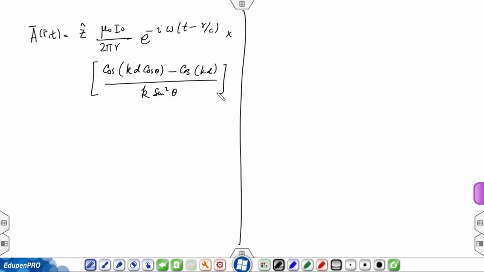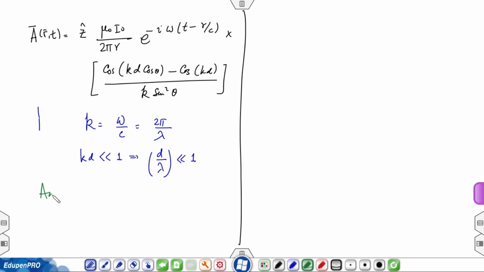If I take the limit of this antenna being very small compared to the wavelength. So, remember k is omega over c, which is 2 pi over lambda. So, if I take k d to be much smaller than 1, this means d over lambda to be very small in comparison to 1. So, antenna is very small.